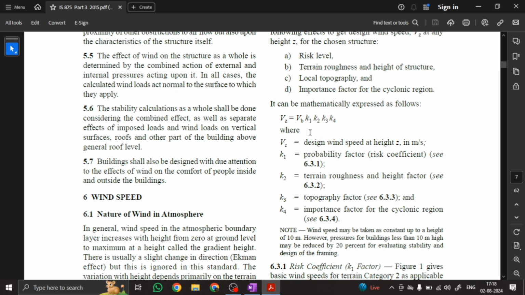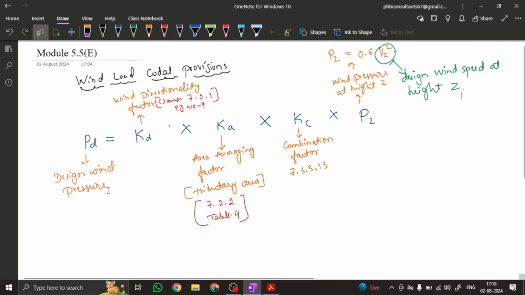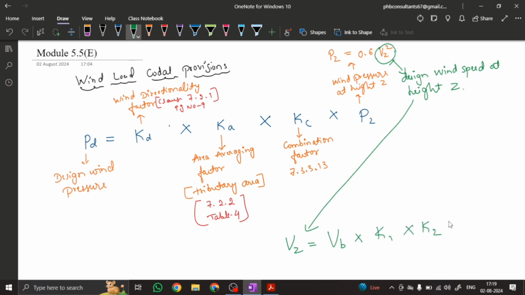VZ is equal to VB into K1 into K2 into K3 into K4.